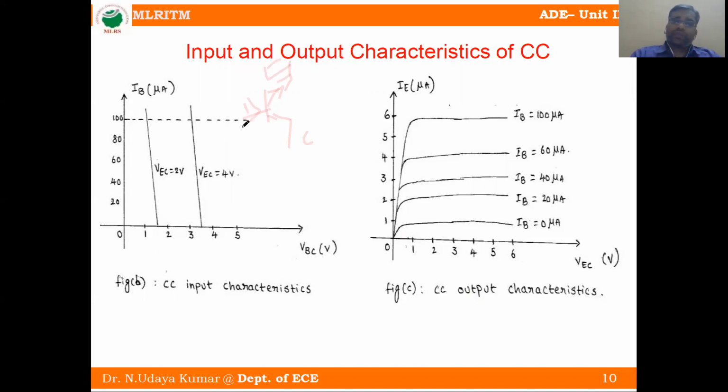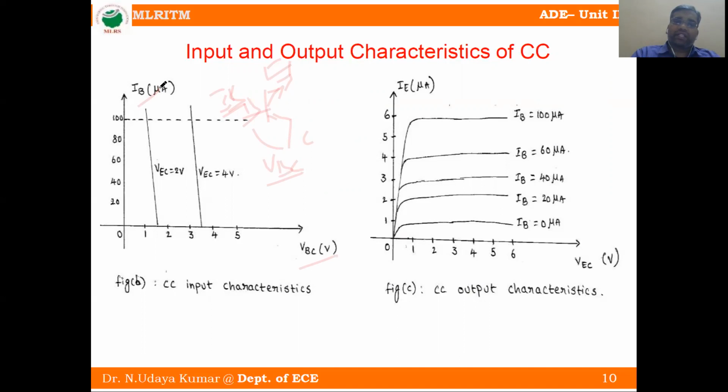On the input side, the junction voltage is VBC and the current is IB. That means the input characteristics are VBC versus IB.